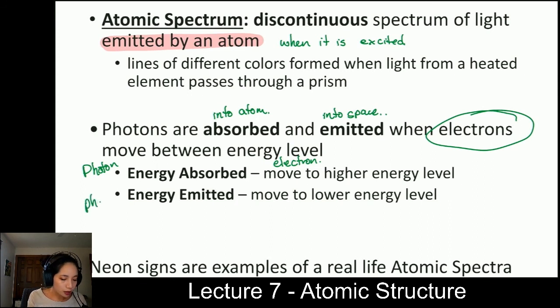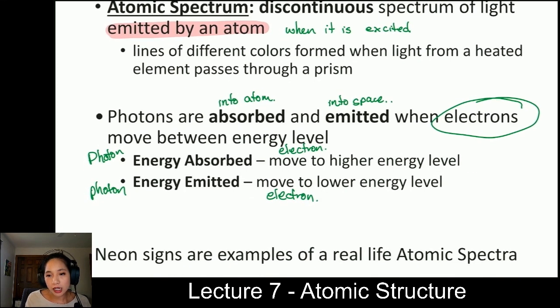Or a photon will be emitted when an electron moves to a lower energy level. So with the neon signs that you see, you are seeing emitted photons. In a neon atom, electrons will be moving to lower energy levels, so light will be emitted, and that's why neon signs work the way they do.